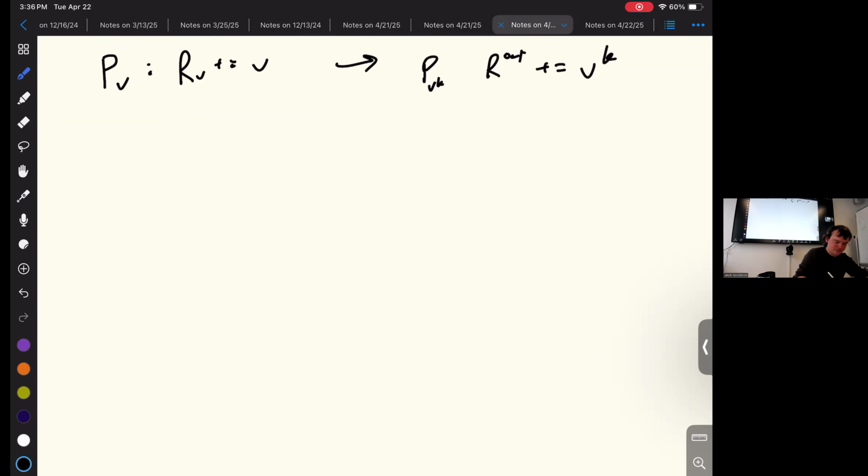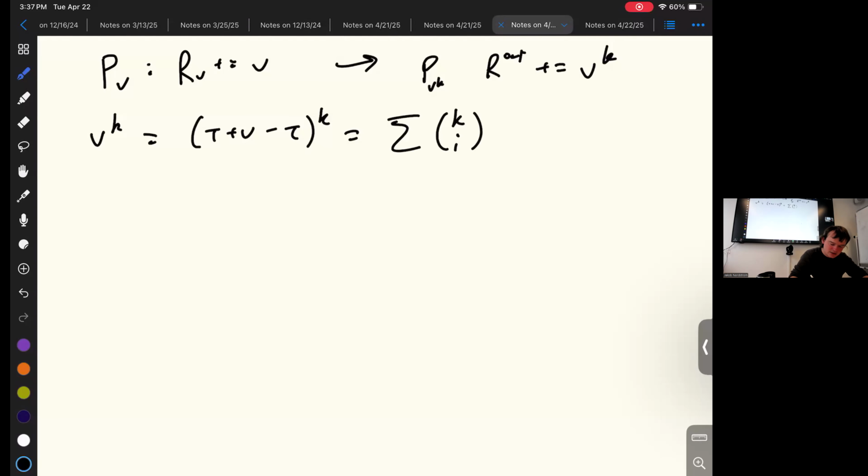So the trick is you're going to look at the value v^k in terms of, and this is something that we do all over these kinds of arithmetic techniques, you're going to switch the basis in some sense to being the part which just involves taus and the part which just involves tau plus v, because you have access to one or the other at any given time. So (tau plus v minus tau)^k is equal to the sum of k choose i times (minus tau)^i and (tau plus v)^(k minus i).